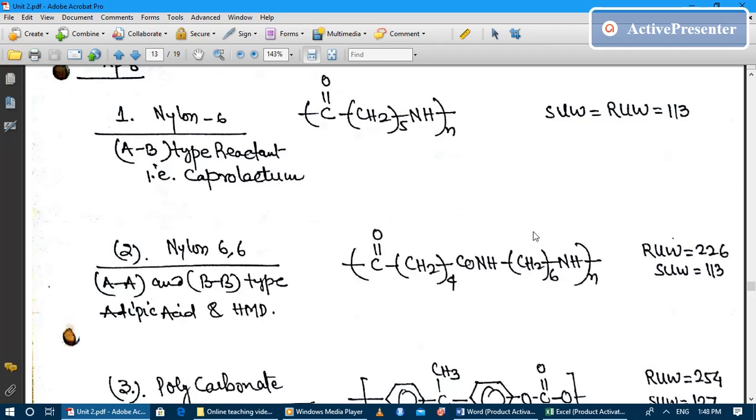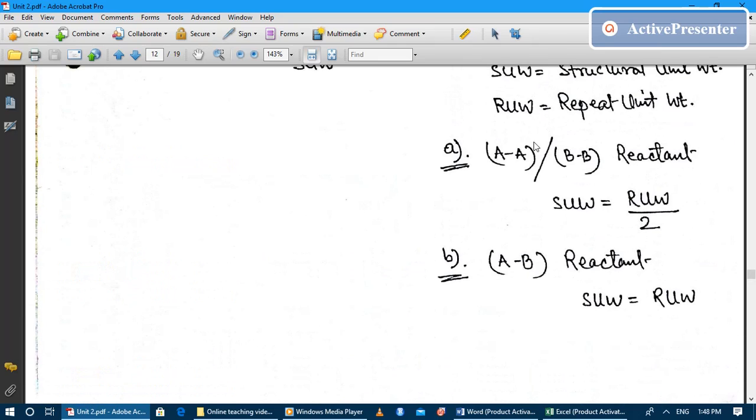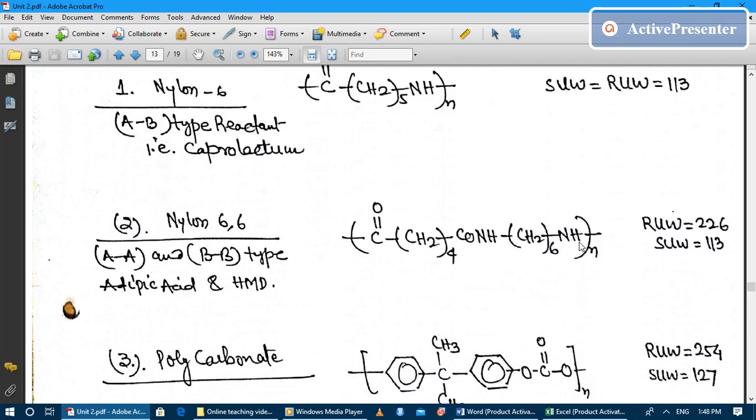But the structural unit weight is half of the repeating unit weight in this type, AA and BB type of reactant. So you can calculate the structural unit weight as half of the repeating unit weight.